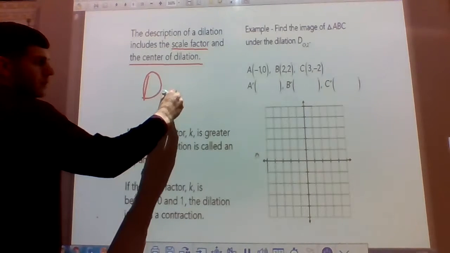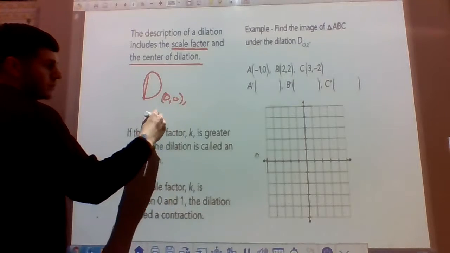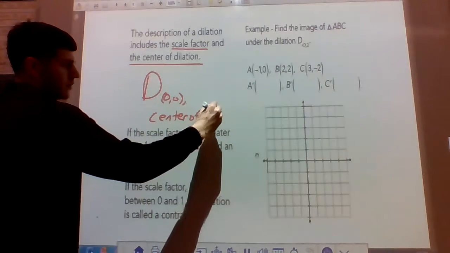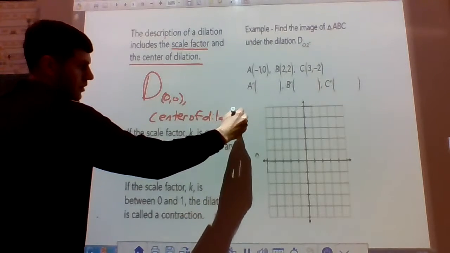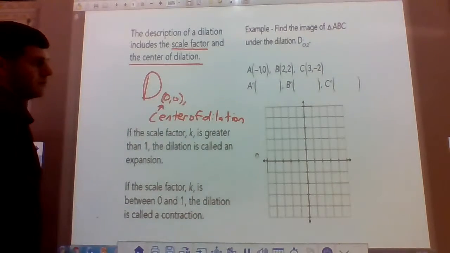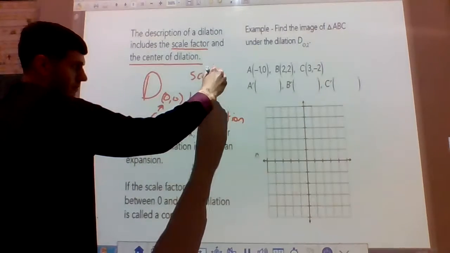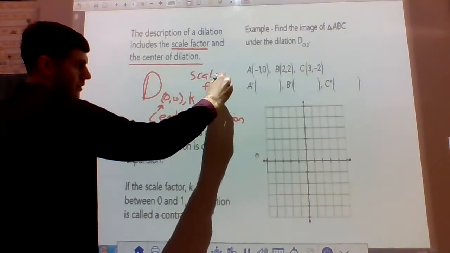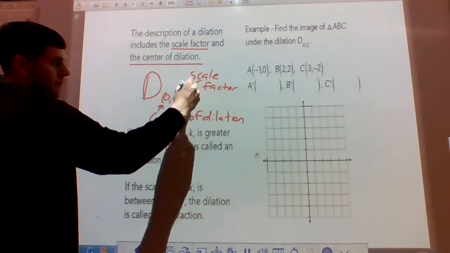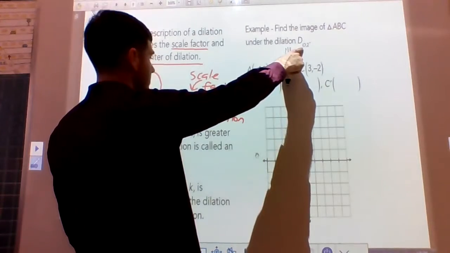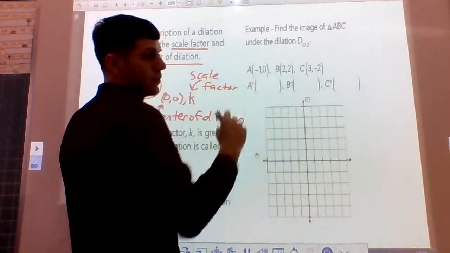The first is going to be the center of dilation, which is almost always going to be 0, 0. And then we're going to put in the scale factor as our second subscript. Okay. So if you look at our example over here, that's the center of dilation, and that's our scale factor.